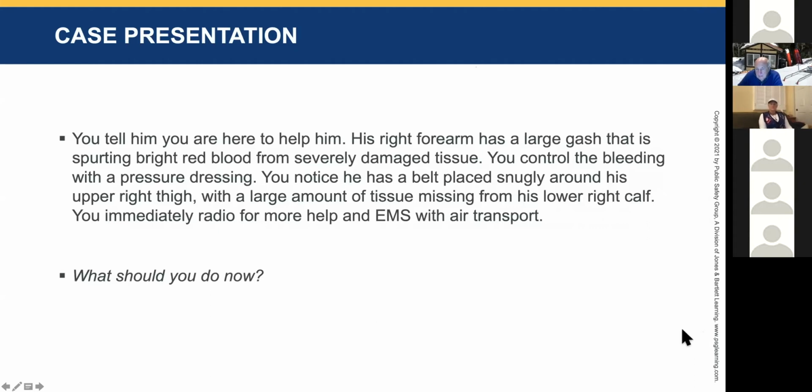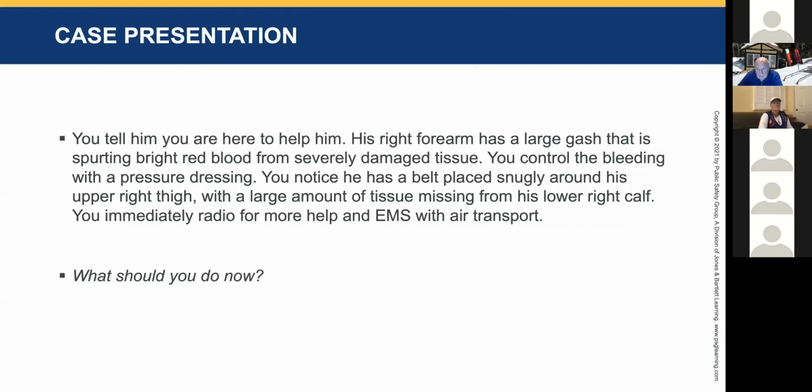I mean, you're already attempting to slow or stop the bleeding as much as possible. Called for transport. I guess maybe oxygen would be an okay answer. And you just kind of got to secure the scene and wait for the transport to get there at that point, I think.